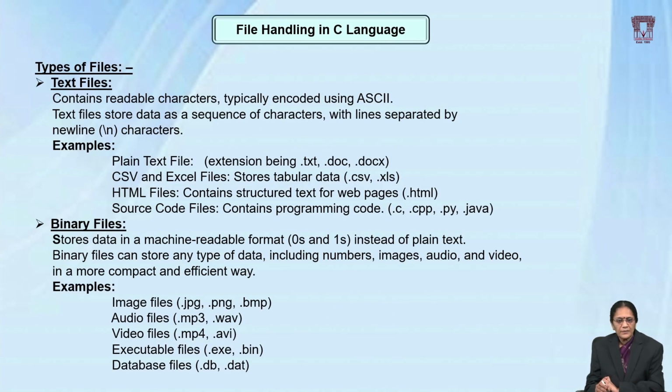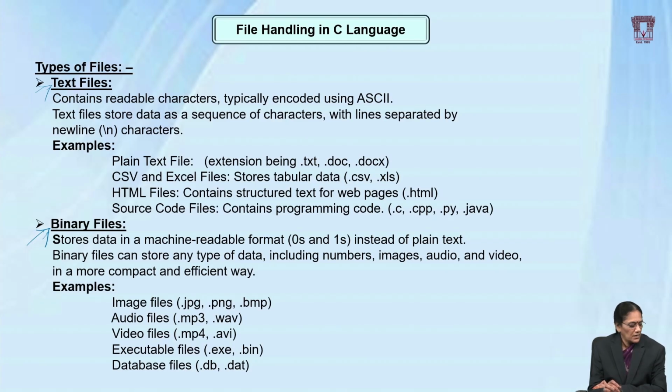Now these are the various types of files we were discussing in the beginning also. We come across various types of files. Usually files are categorized into two types. One is text files and the other type is binary files. Text files most often have characters. Typically whatever is there on your keyboard, every character you can place here.